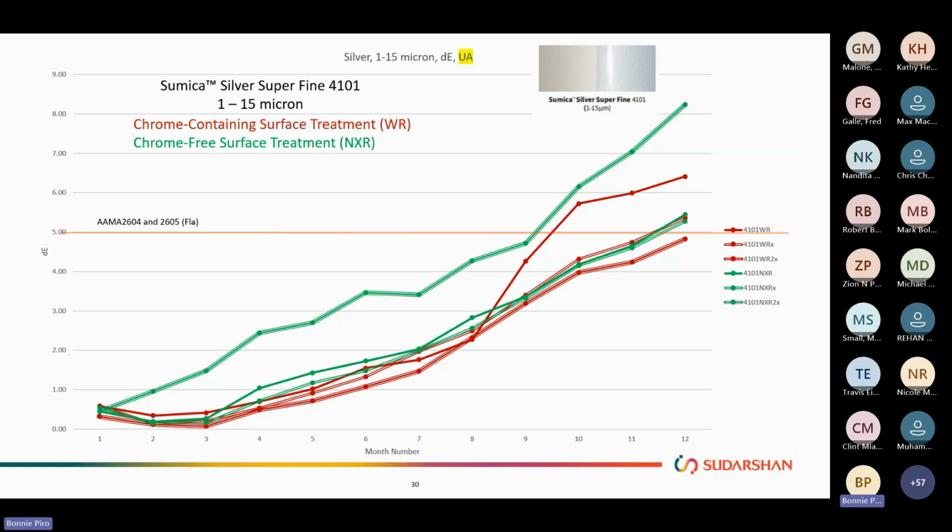And again, we see a difference in the choice of chemistry on the surface, as well as the amount of that chemistry. And ultimately, in the series of 6 examples, there is only one really that falls into that specification that the ALMA 2604 and 2605 creates for the delta E of less than 5 in there.